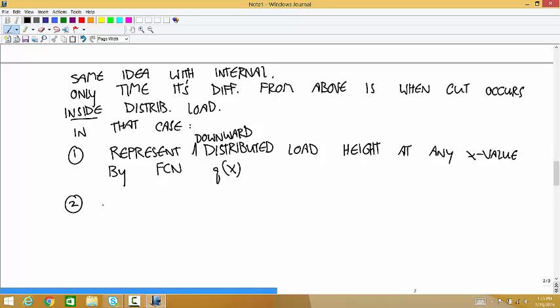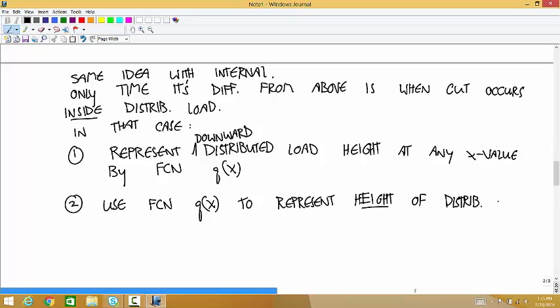And then second, use that function q of x to represent the height of the distributed load at the cut, which, remember, is position x. So you can just directly use this function.